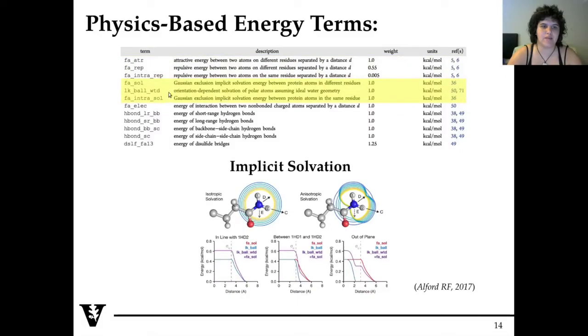The next three terms are relative to the solvation. In Rosetta, all the protein solvation is implicit. We can have explicit water molecules if they are important in binding, for example, with a ligand or with another protein. But for only the solvation water that is around the protein, we are using an implicit term that is described by these three energy terms.